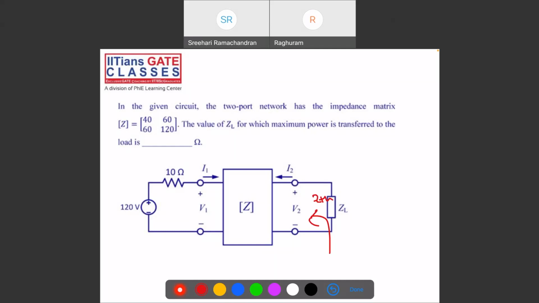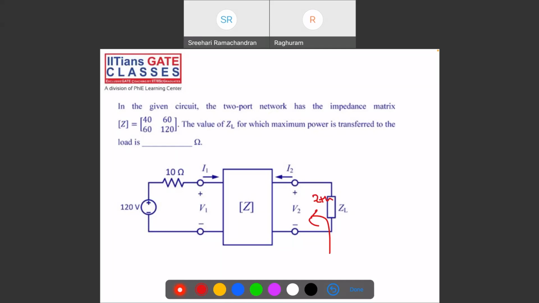Should I open that V source? Source open or short? It's a voltage source, so short it. Then we will get I1 as 0.